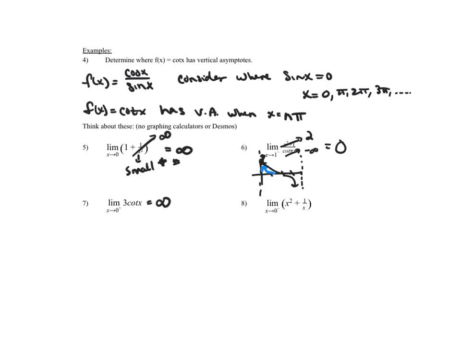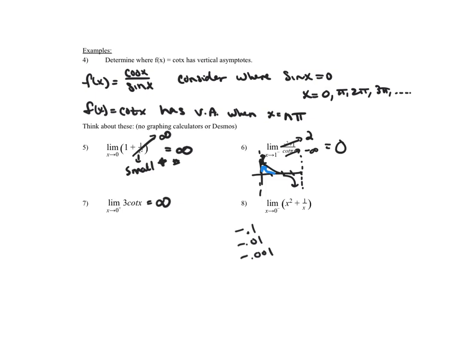All right, and then for our last example, we have the limit as x approaches 0 from the left of x squared plus 1 over x. So when we come from the left, we're talking about very small negative numbers like negative 0.1, negative 0.01, negative 0.001.